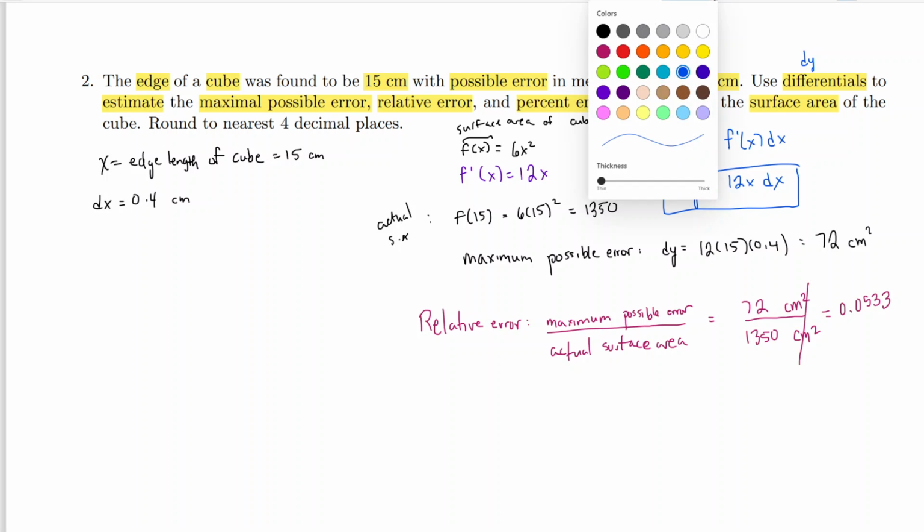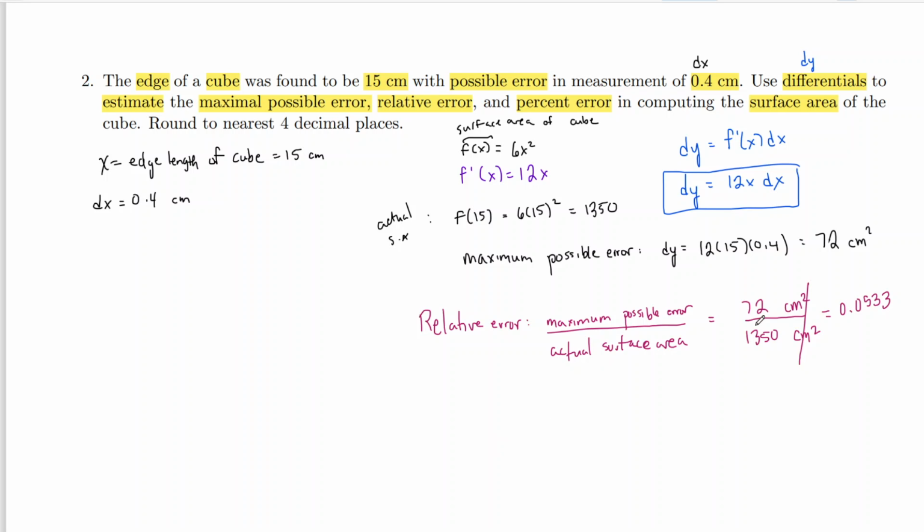Now, as far as just reading this off, it's maybe not that useful, but the percent error is usually more interpretable. All it is, you take the relative error and convert it to a percent. You either multiply by 100 or move the decimal place over twice.